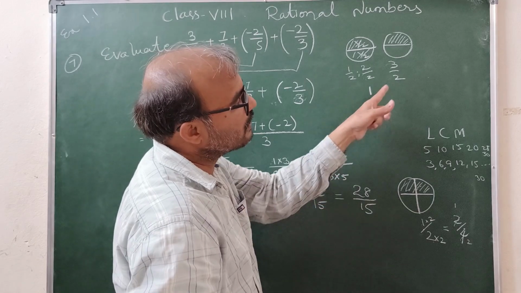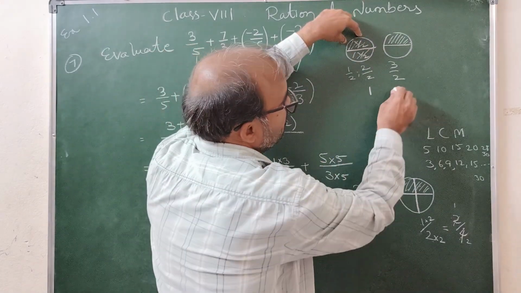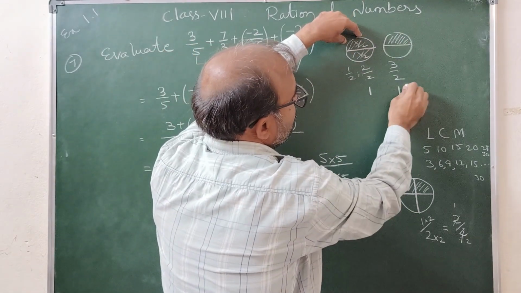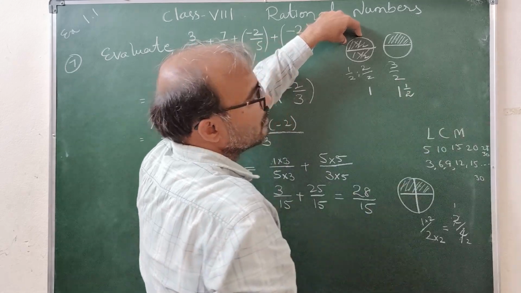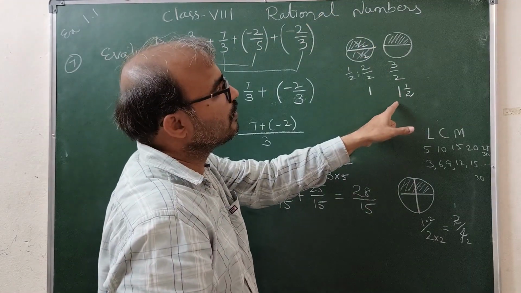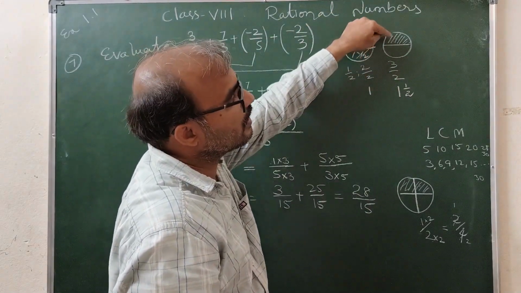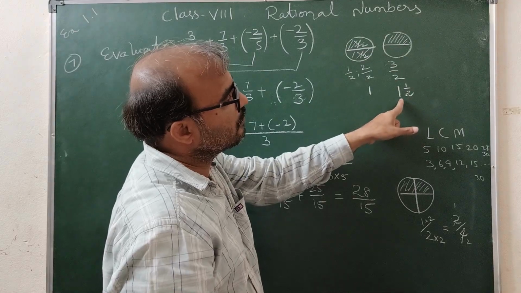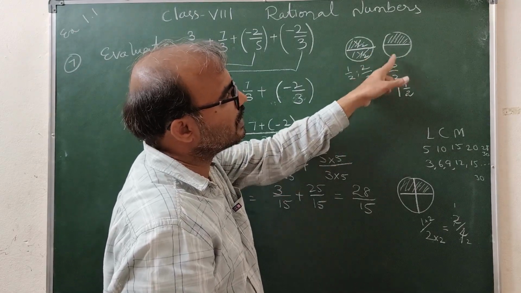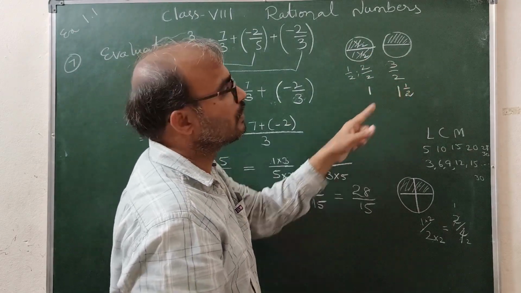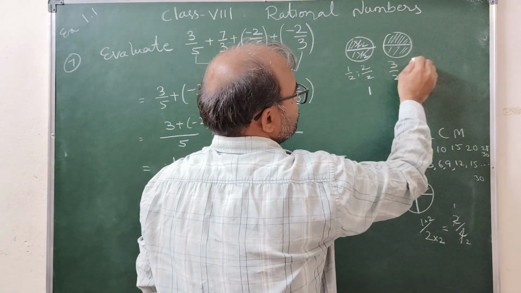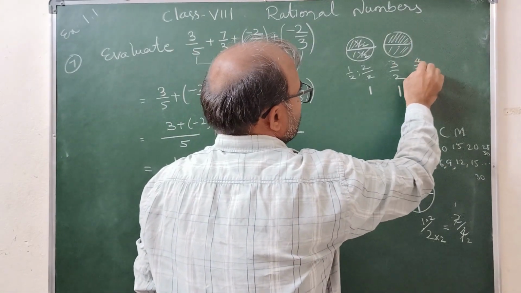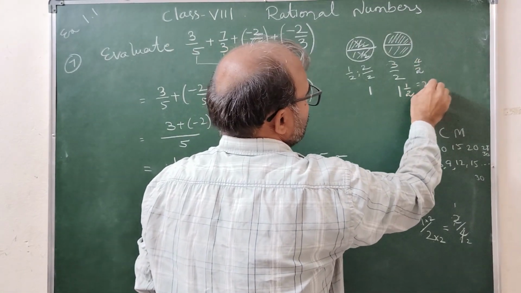I can also write this as one full and one half, or 1.5. So one whole is two halves, plus an extra half. So one whole and one half is nothing but three halves, 3 by 2. If you consider one more, it will become four halves. Four halves is nothing but 2.